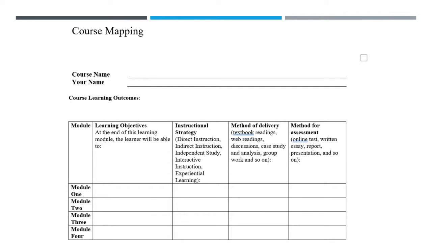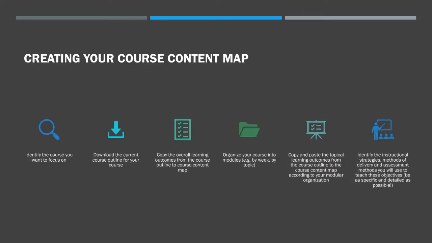For example, when I teach anatomy and physiology, I might organize it by body system, and that would correlate to one module. So based on how you organize those modules, that's where you're going to copy over those topical learning outcomes as they correlate to those modules that you've organized.